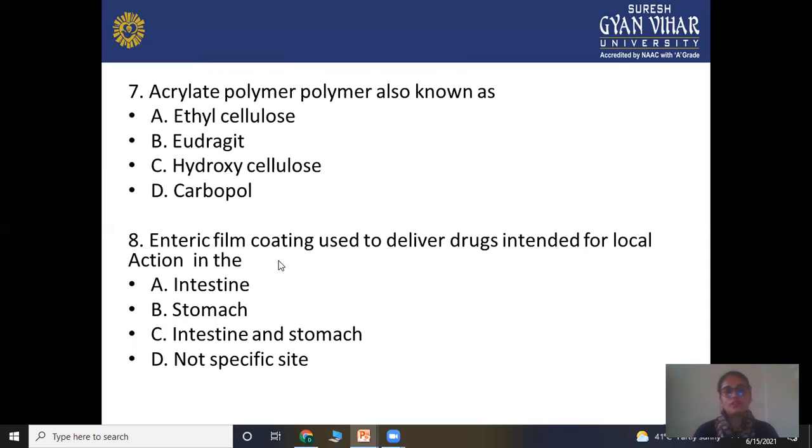And the eighth question: enteric film coating is used to deliver a drug intended for local action in the A is intestine, B is the stomach, C is intestine and stomach, and D is not a specified site. You select any one option for enteric coated film: why it is important, and to which particular body part this tablet shows its required effect.